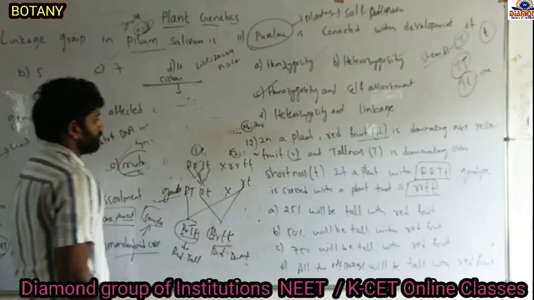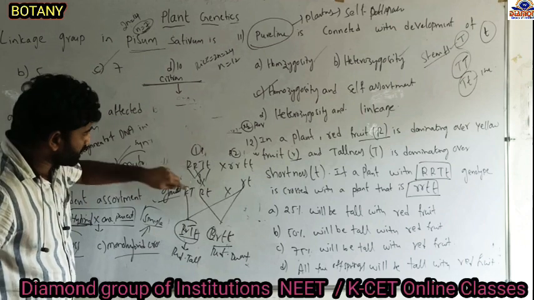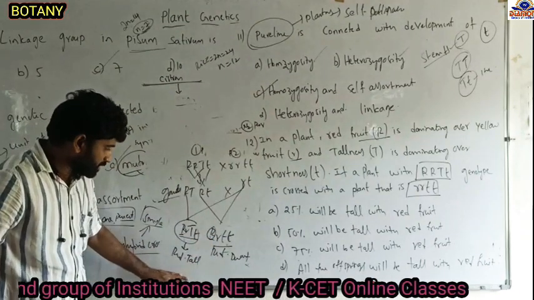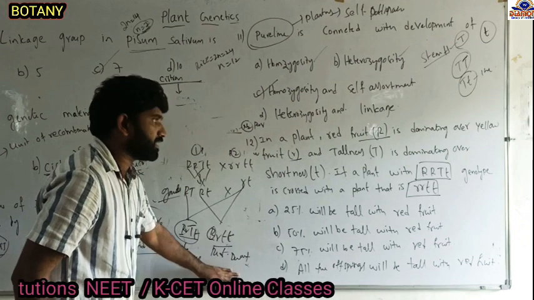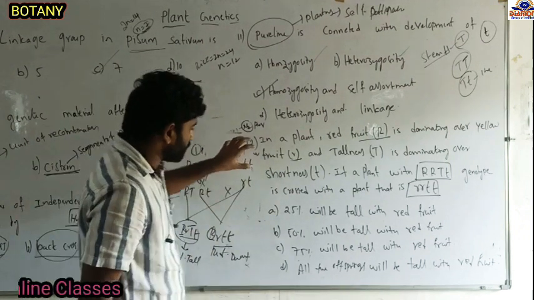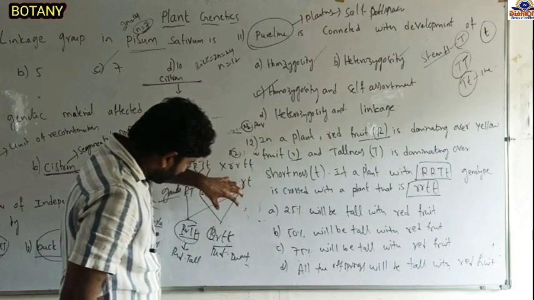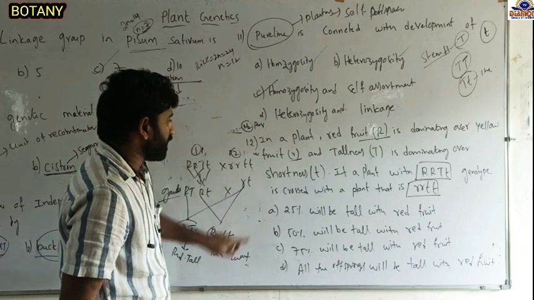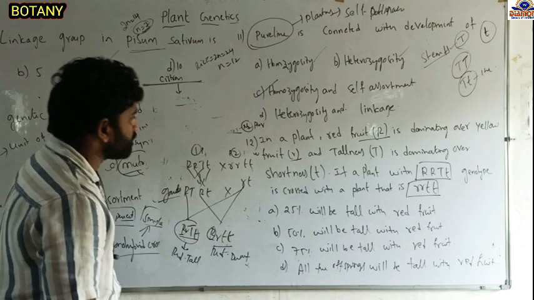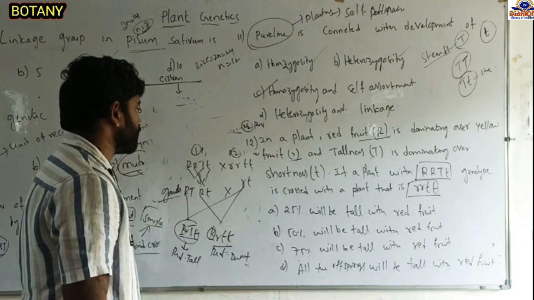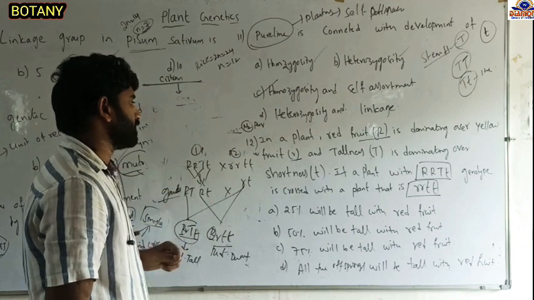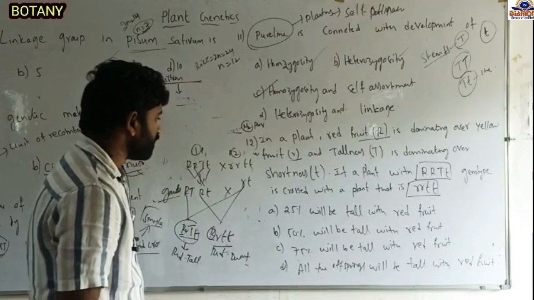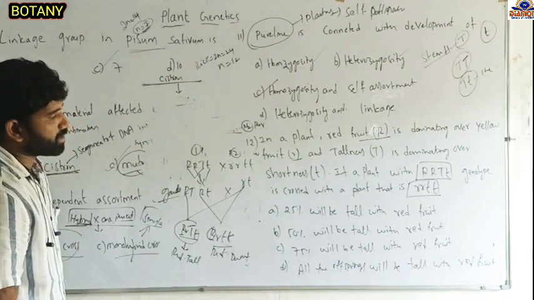So by crossing these two parents, we get two offspring: one is a red tall plant and the other is a red dwarf plant. Based on the options, we have to choose the correct answer. Option A: 25% will be tall with red fruit; 50% will be tall with red fruit; 75% will be tall with red fruit; all of the offspring will be tall with red fruit.